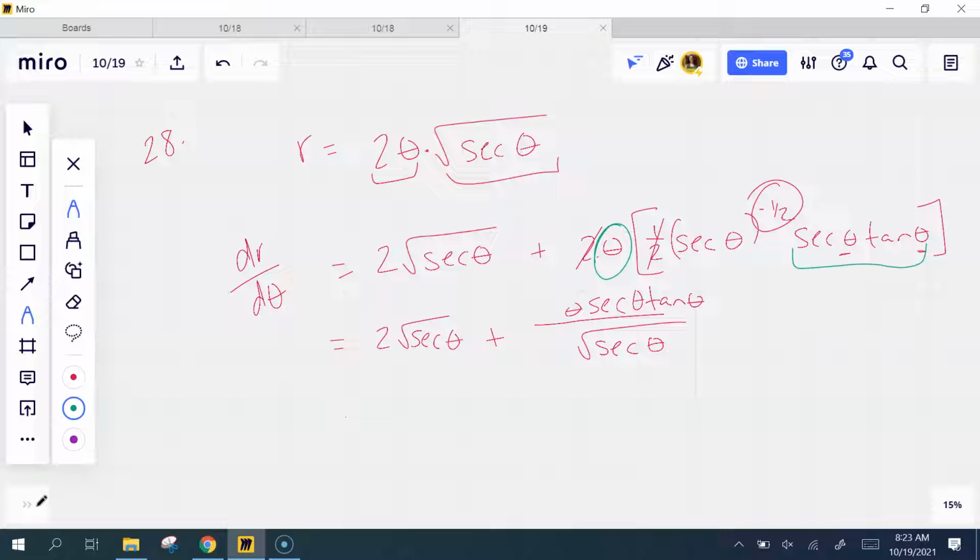Yeah, sine squared plus cosine squared. Okay. That's all I see you could do with that. They went through and combined and everything. It went to the bottom because it was a negative exponent.